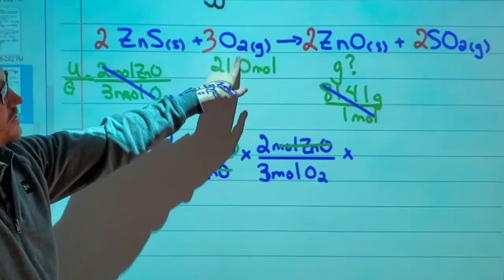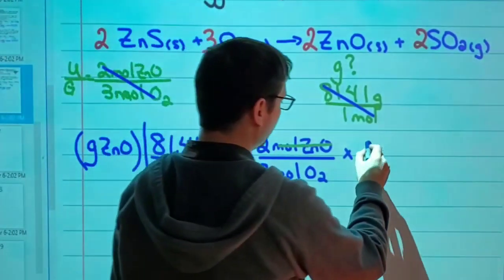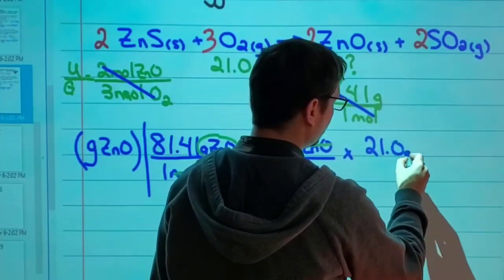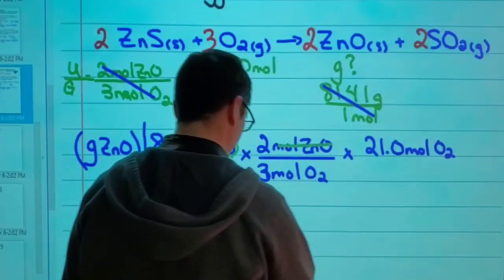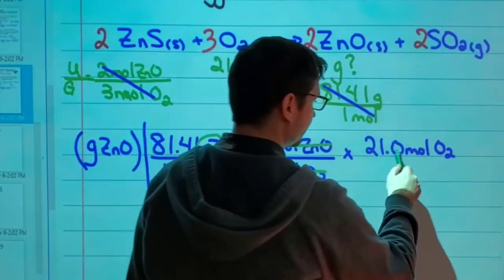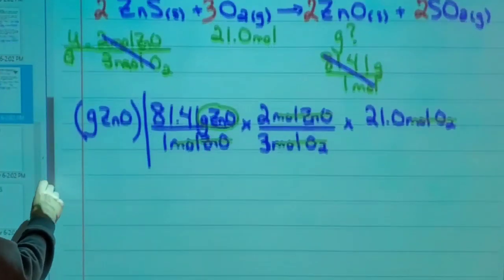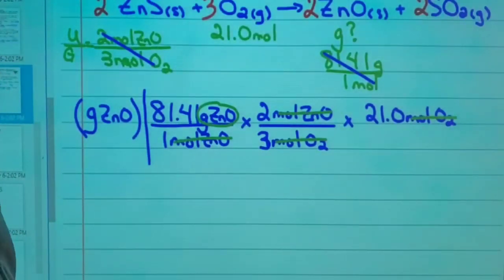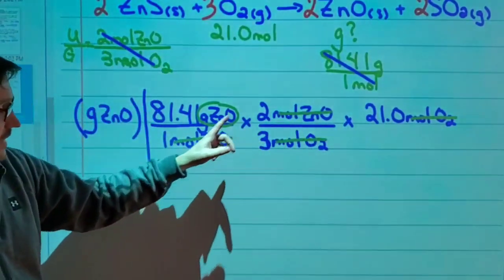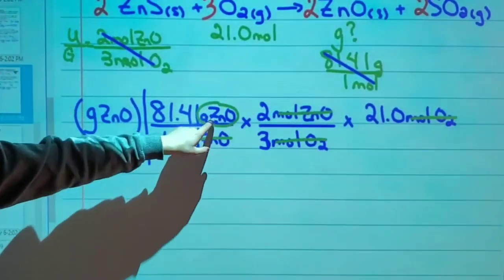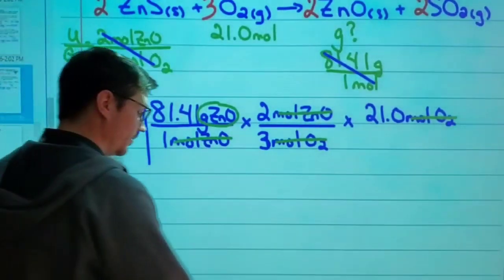I look under oxygen and I see moles. Great. I get to cancel out moles of oxygen with 21.0 moles of oxygen. Moles of O2, moles of O2. Okay, not bad. So unit analysis, we were able to cancel out every other unit, and we're going to end up with grams of zinc oxide. I'm very confident about this answer.